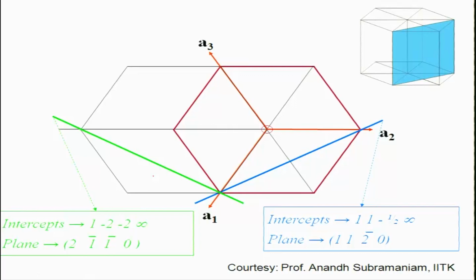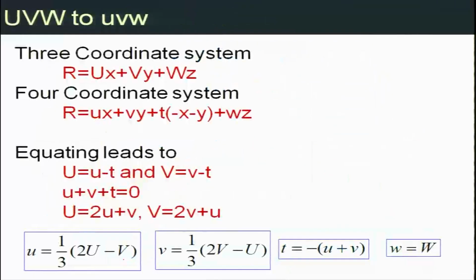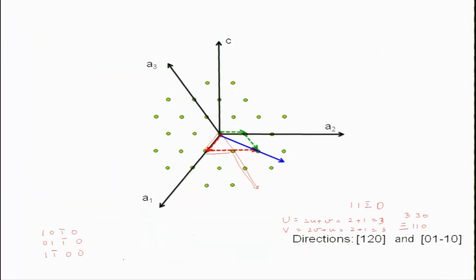This is another example of a plane, which is 2 bar 1 bar 1 0. Okay. So 2 bar 1 bar 1 0 looks something like this. Remember, you should always ensure in all these that the sum of the indices is equal to 0. So 1 1 bar 2 0, the sum of these 3 is 0, the sum of these 3 is 0, the sum of these 3 is 0, the sum of these 3 is 0.